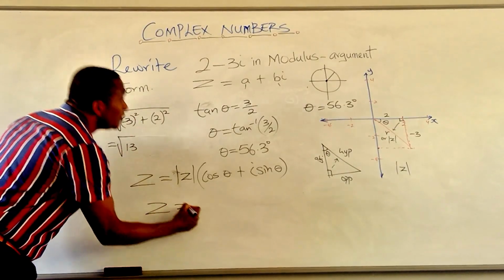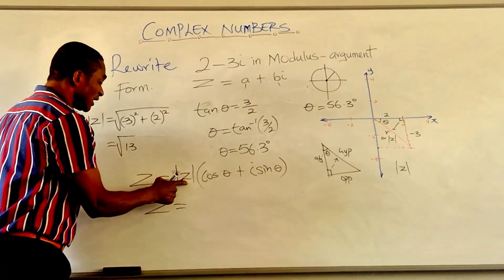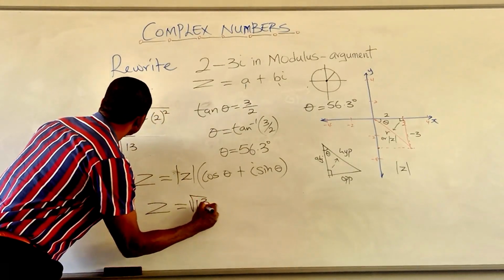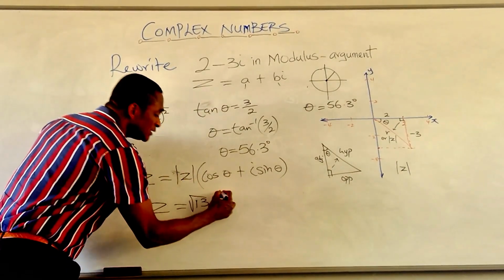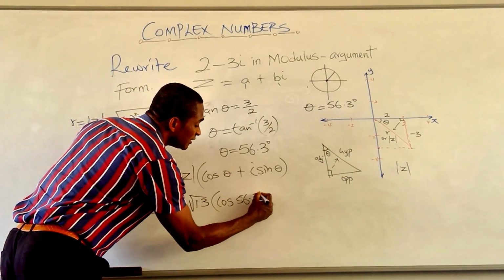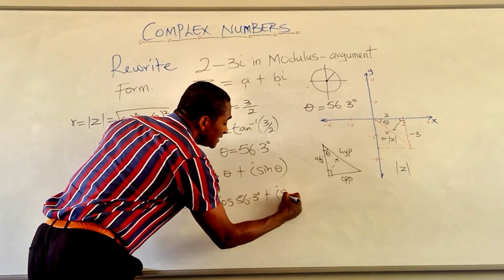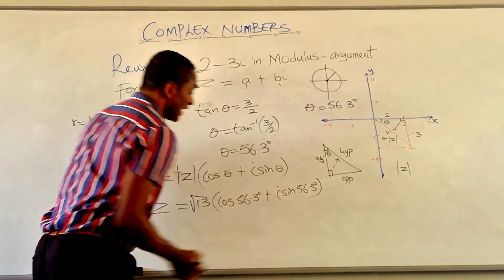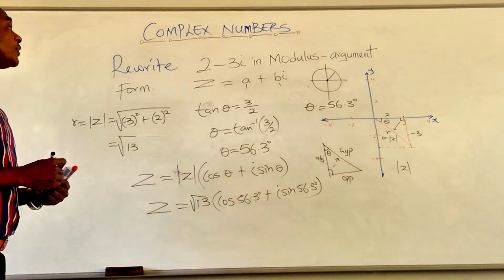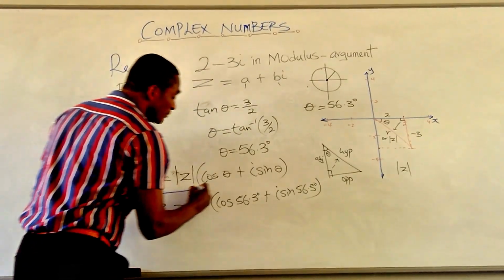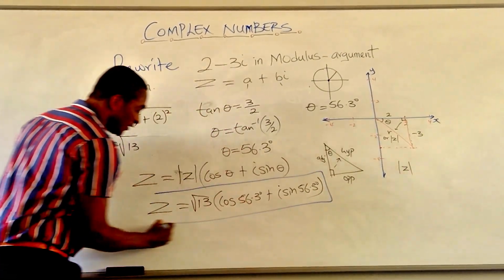So this in modulus argument form is our modulus, which is root of 13, times cos of the argument, 56.3, plus i sine of the argument, which is 56.3. And this is the representation of this in modulus argument form.